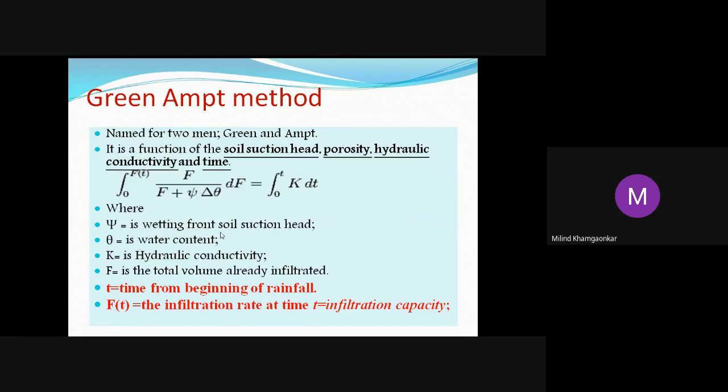Psi is the wetting front soil suction head, theta is water content, K is hydraulic conductivity, F is the total volume already infiltrated, t is the time from the beginning of the rainfall, and f is the infiltration rate at any time t. After integrating this equation from 0 to t, we can get the value of F.